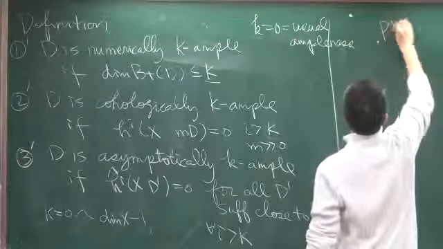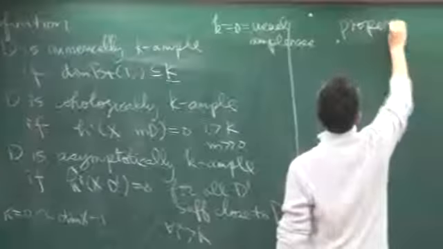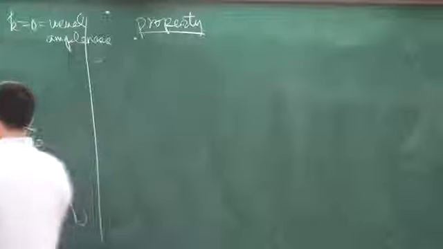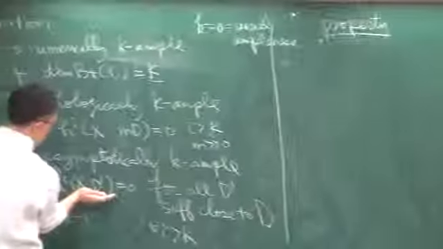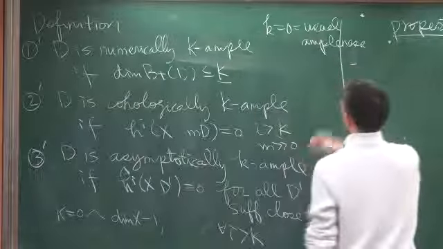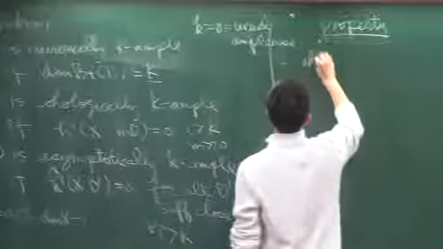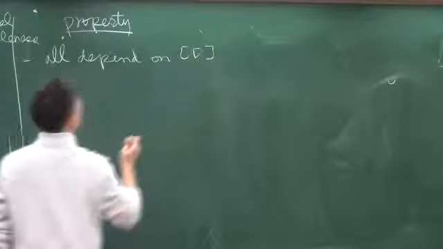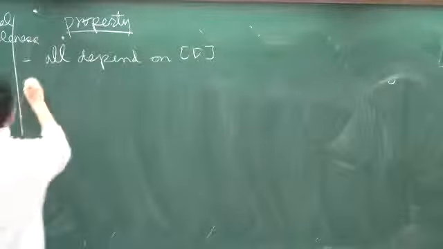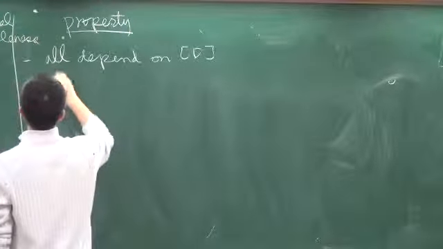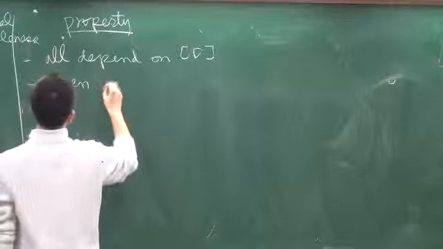And they have some common properties. The first one is, I already mentioned here, this function depends only on the numerical class. In fact, all these three depend on the numerical class. And two, just like the usual ampleness, they satisfy open conditions, open property.